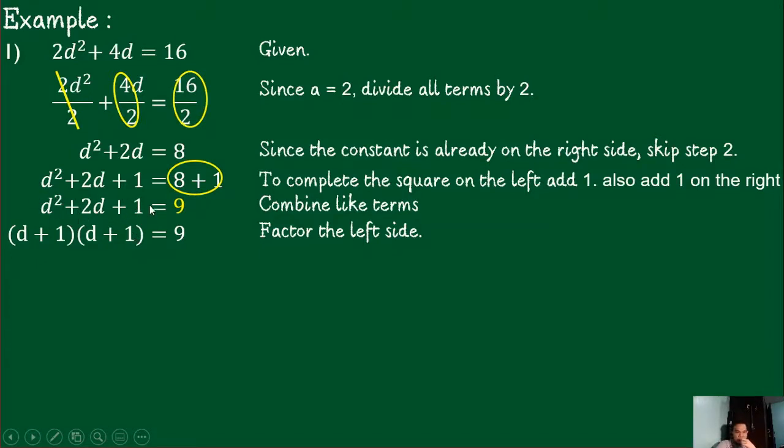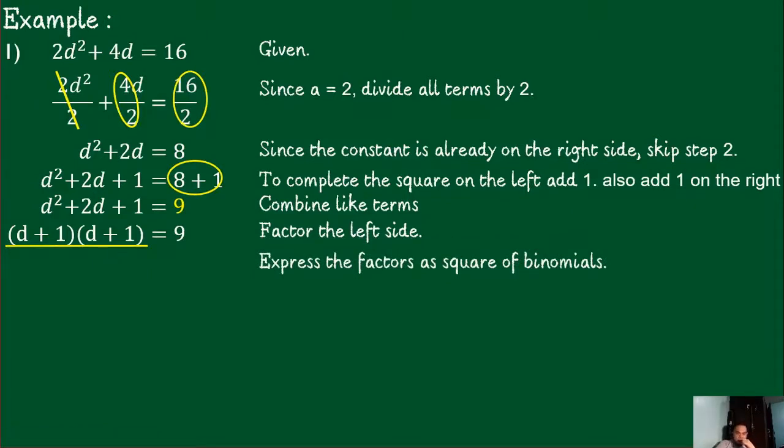Again, as I've said earlier, d squared plus 2d plus 1 is a perfect square trinomial, and the factor of a perfect square trinomial is a square of a binomial. So we have d plus 1 here. Okay? Meron tayong dalawang d plus 1. So ang gagawin natin dito is i-express natin to as a square of binomial.